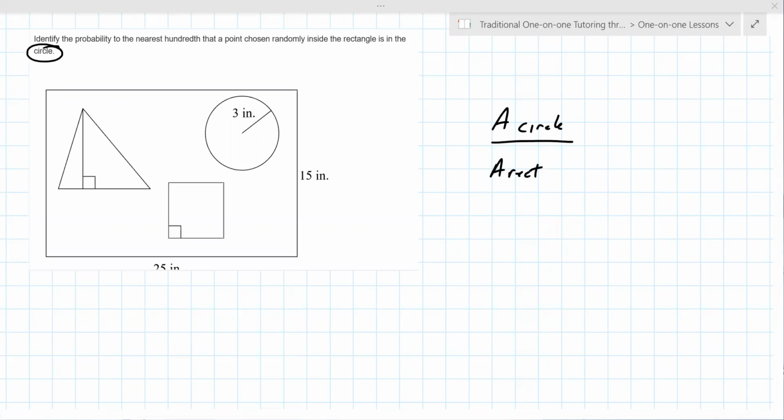Okay, so I get 0.08. Perfect. All right.